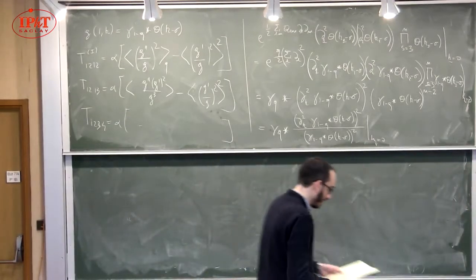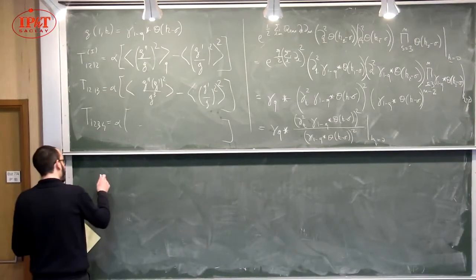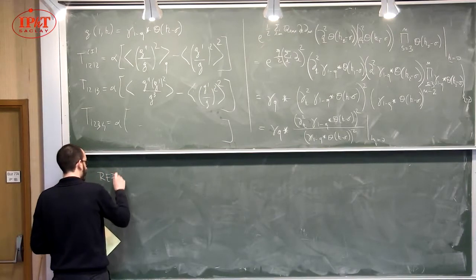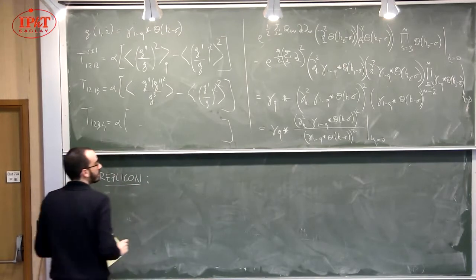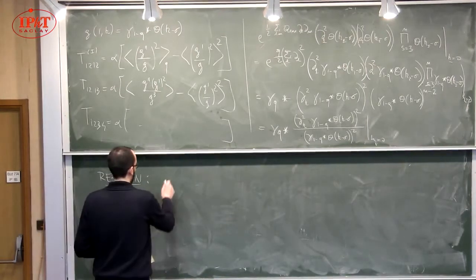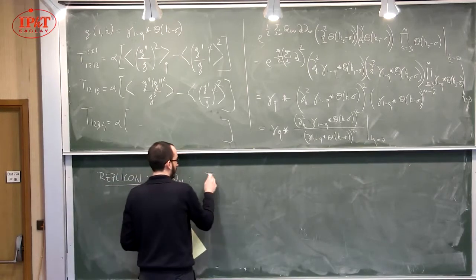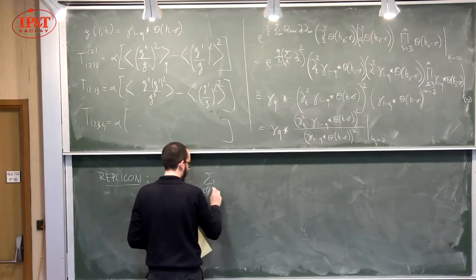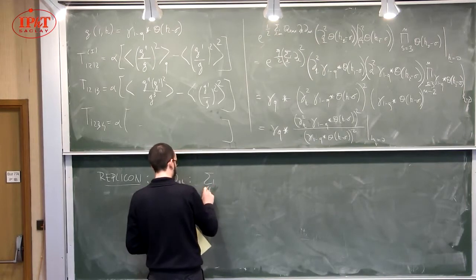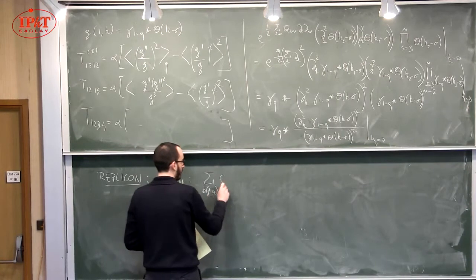The result is that if you look at the eigenvectors, there is one particular eigenvector that is called the replicon. And this is an eigenvector of this form. So you create a fluctuation, delta Q_AB, that is such that the sum over B, which of course should be different from A, vanishes.